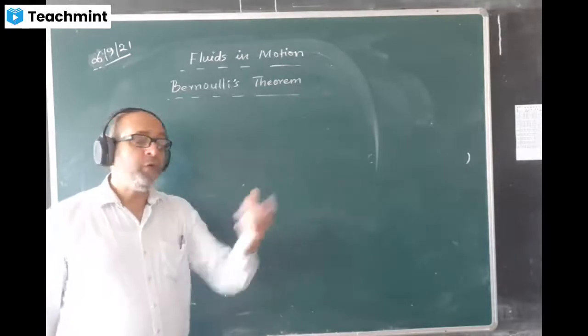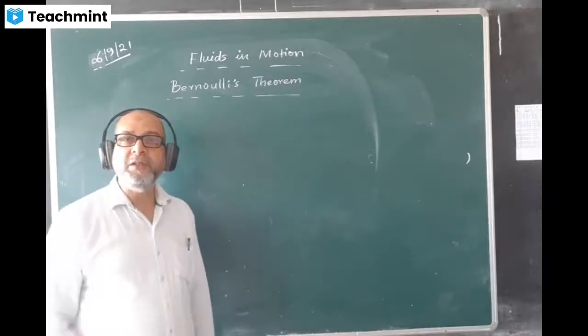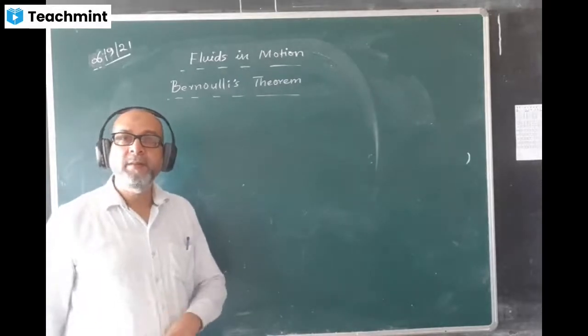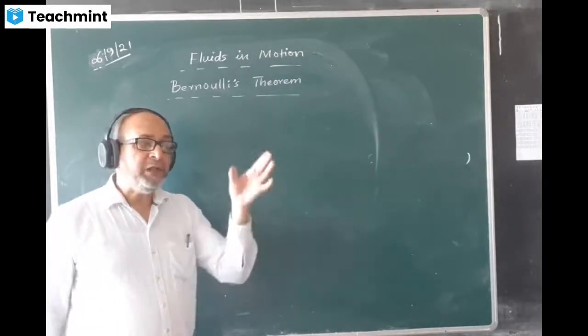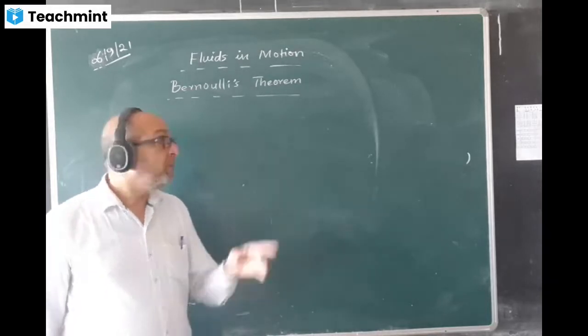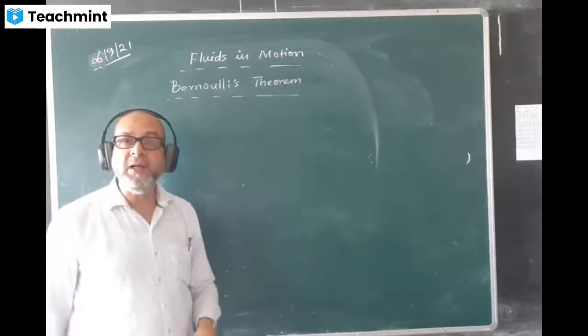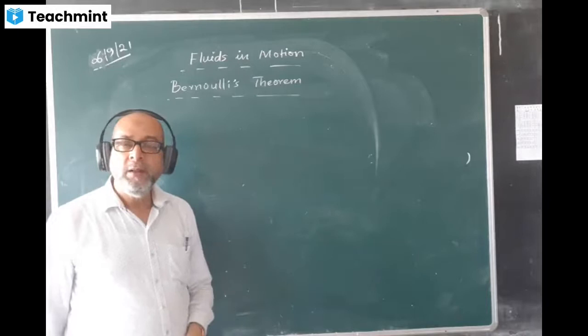When a fluid flows, it will have three types of energy usually. It will have potential energy, that is mgh. It will have kinetic energy: the fluid is in motion, so it will have kinetic energy, half mv squared.